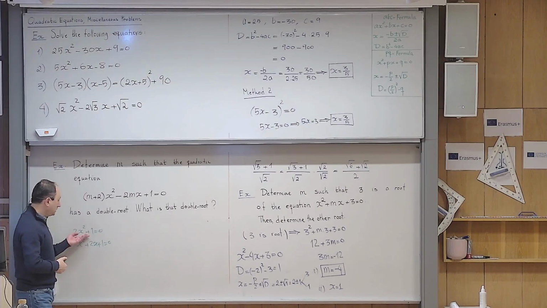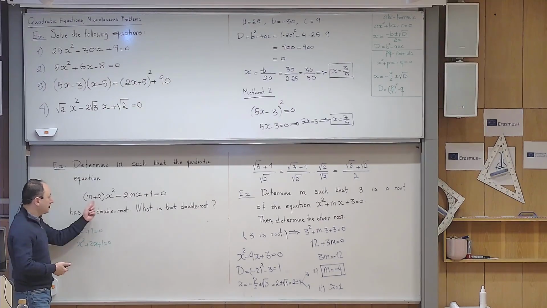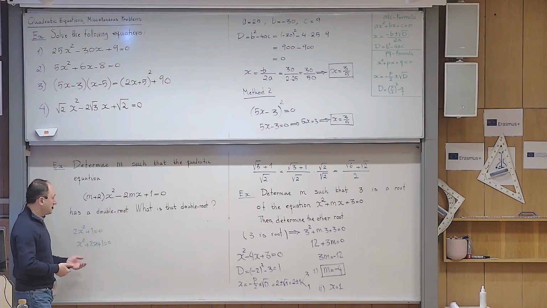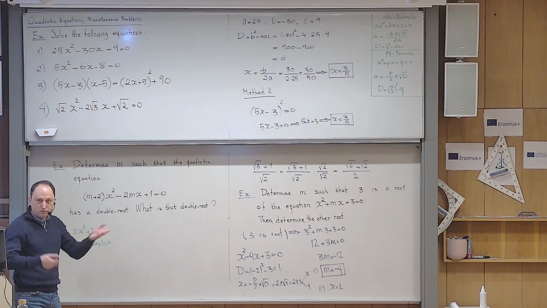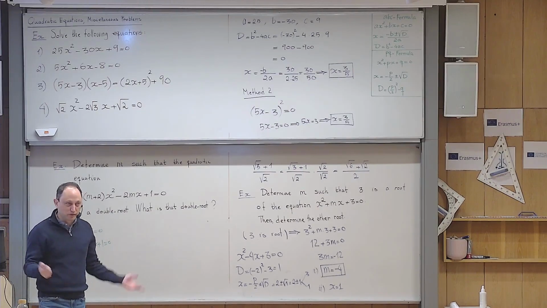For example, here there are no solutions. Here there is one solution. I want to fine-tune that m in a way that the equation generated after it has a double root. So I cannot just do trial and error unless I'm very lucky, yes?